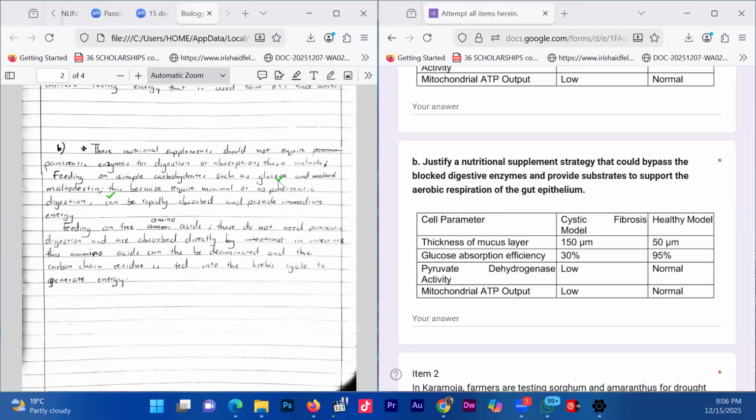The cells that secrete intestinal juice are found in the crypts of Lieberkühn. They are the glands that specialize in secreting intestinal juice. Let me write it in the chat.